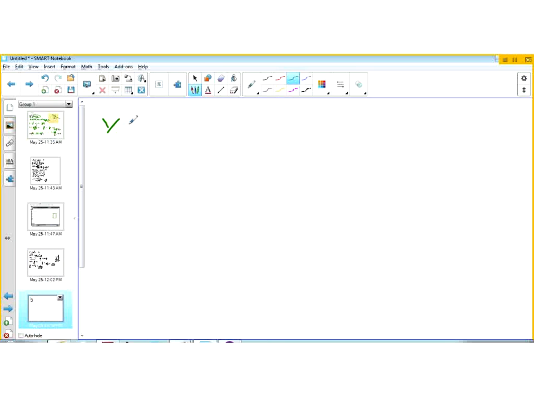So y is equal to inverse cosine, or arc cosine, of x. Okay, and so we'll use implicit differentiation again. So we'll have cosine y is equal to x. Then we take the derivative with respect to x on both sides.